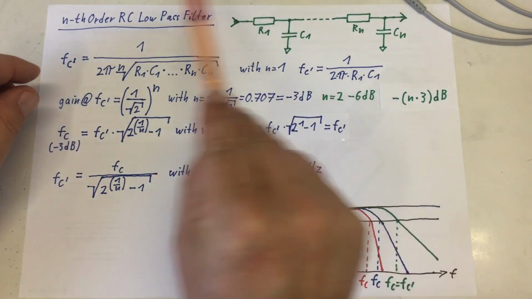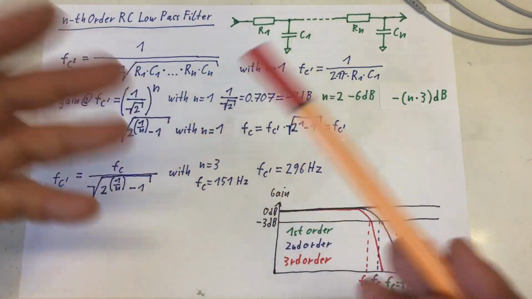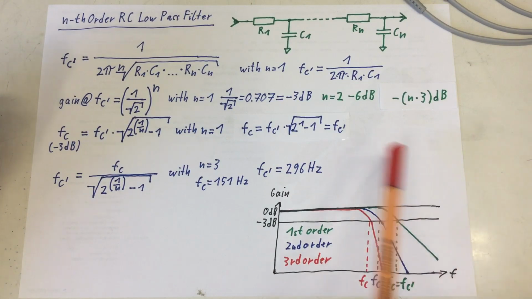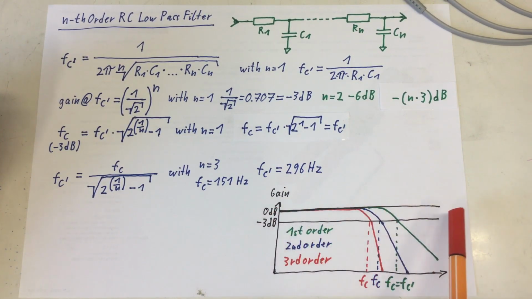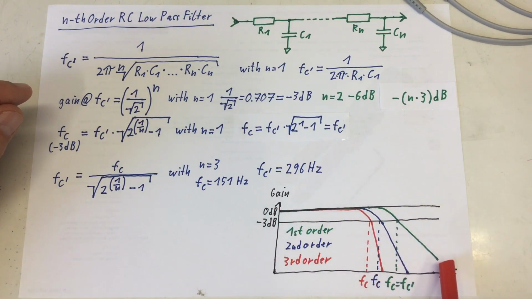If we would draw a graph from the whole shebang like we had for the Butterworth filter, it would look like that. So frequency axis, gain axis, 0 dB line, minus 3 dB line, our first order, second order and third order filter curve, and only the first order RC low-pass filter would cut the minus 3 dB line at a relative frequency of 1.